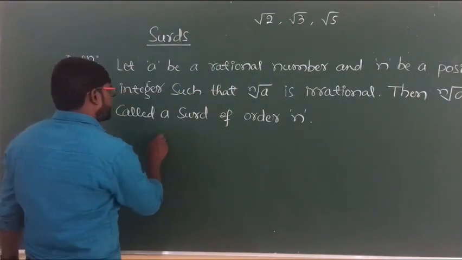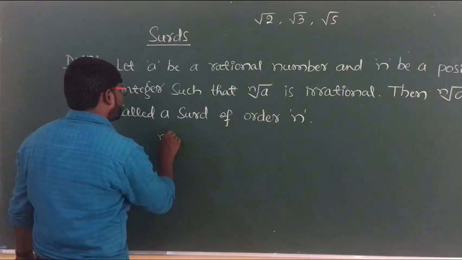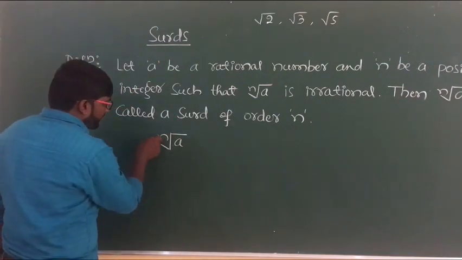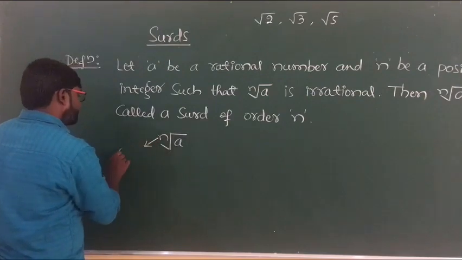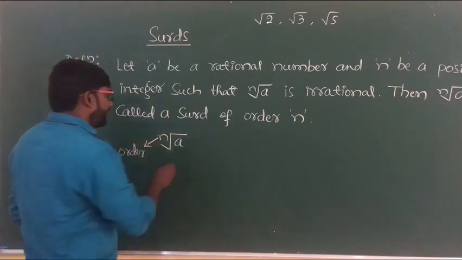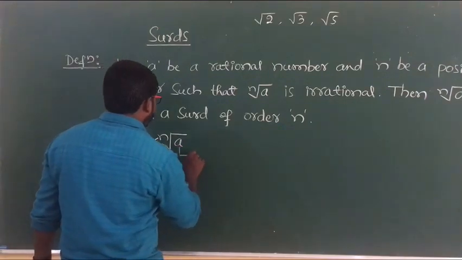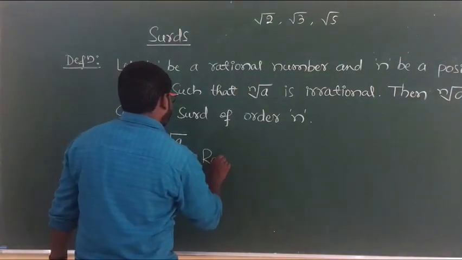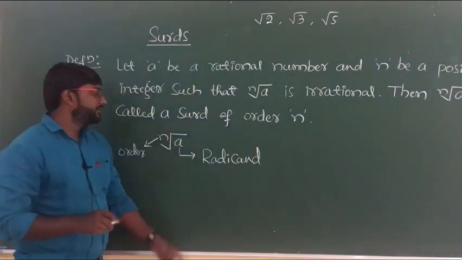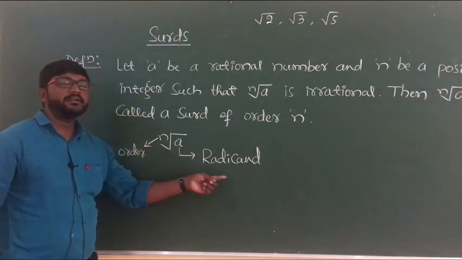See here, nth root A: here n is the order, and A is the radicand. N is the order and A is the radicand.